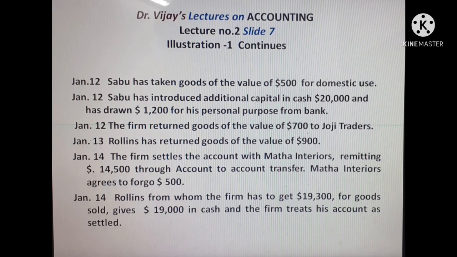Slide 7 is again continuation of illustration 1. Here we are reading some transactions that took place after January 11. We are not going to the details of that and not considering debit aspect and credit aspect of the transactions, because some further explanation is needed for coming to understand that.